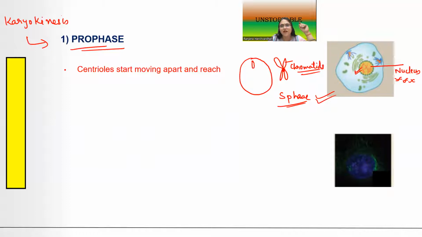So if this is the centrioles, these duplicated centrioles will move in the cell, and if this is, suppose, the nucleus and this is the centriole. So what are we seeing? That the centrioles have migrated to the two opposite poles. So these are the poles of the cell.